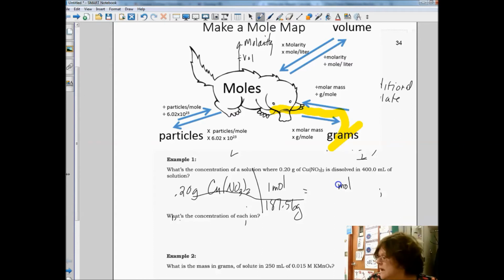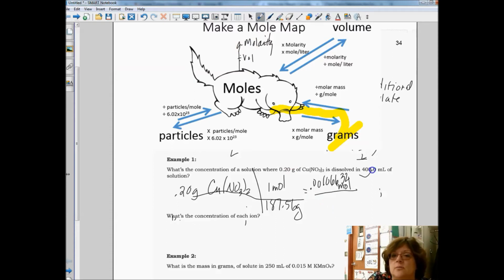And if I do the math, I get 0.001066. I'm going to put lots of values in there because you'll see in a moment. We're not worried about sig digs yet. All right, that's our number of moles. How do we calculate molarity? We take moles divided by volume. We're given volume in milliliters.